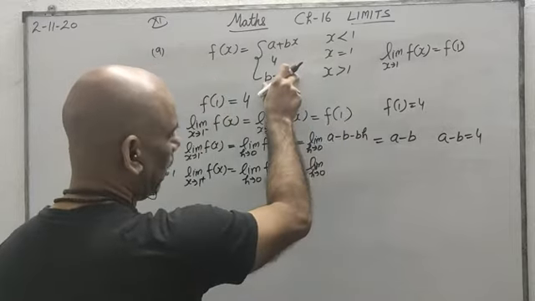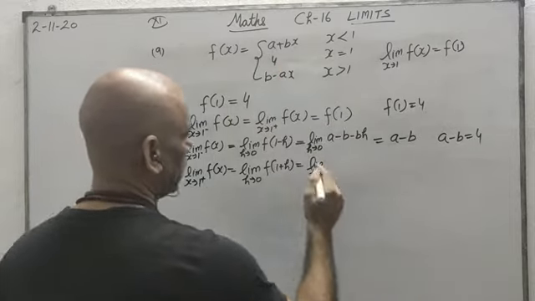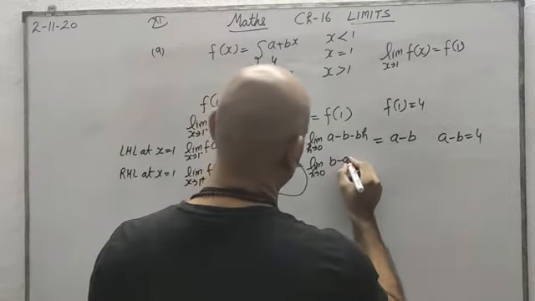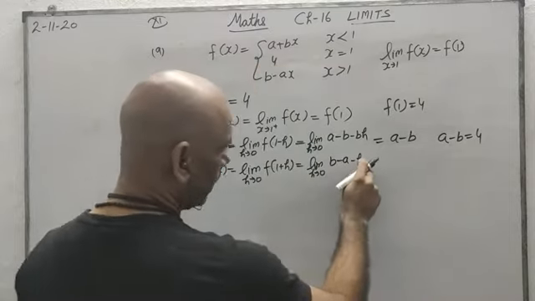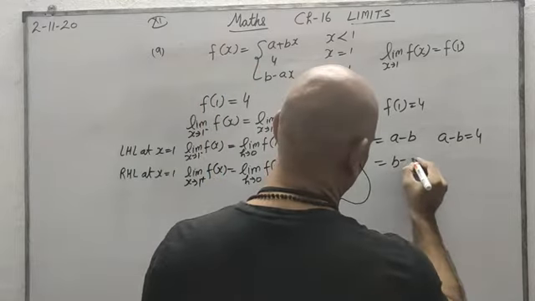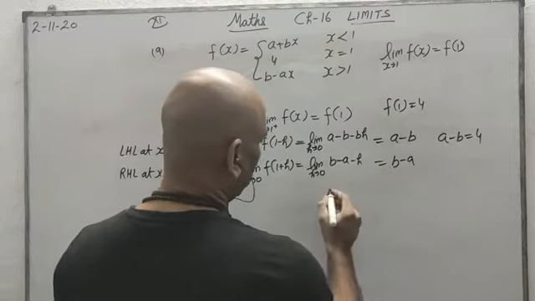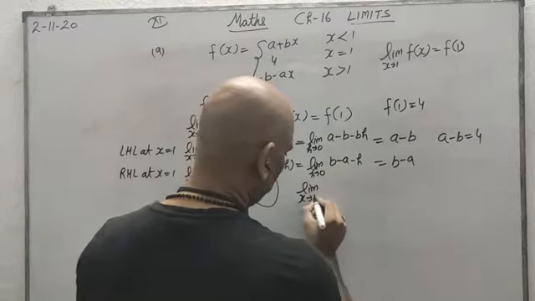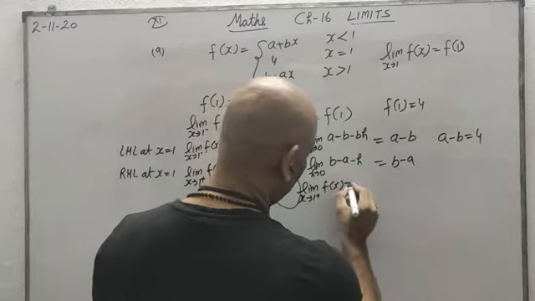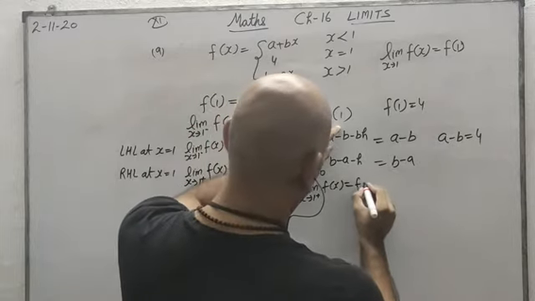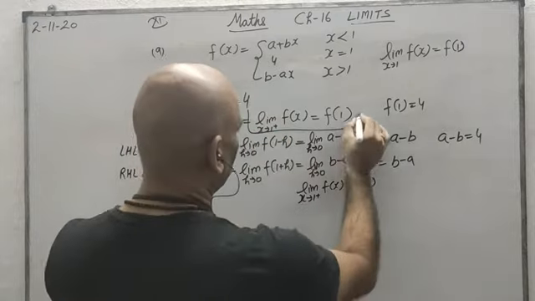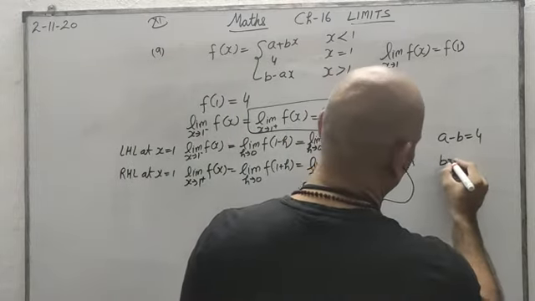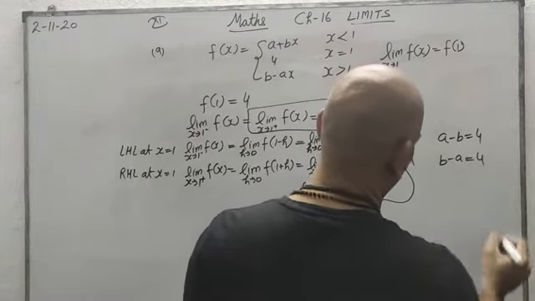In place of x substitute 1 + h, that is b - a(1 + h), and when h is 0 I get b - a. And here also it is mentioned that limit x tends to 1 positive f(x) is equal to f(1). So b - a is equal to 4.